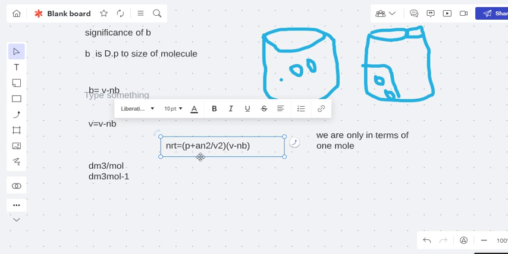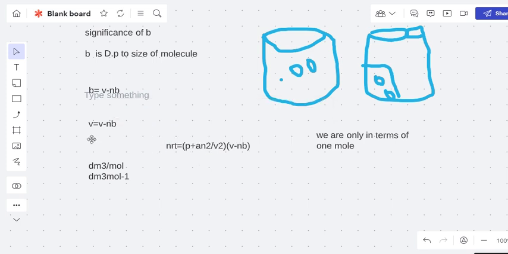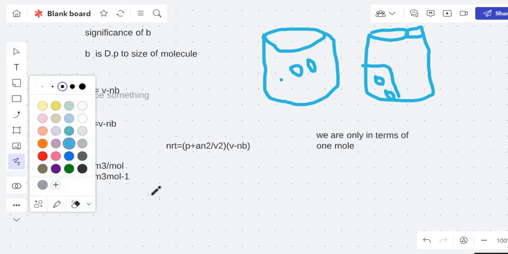So this is basically the real gas equation.